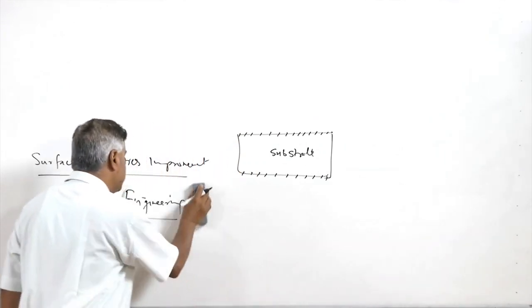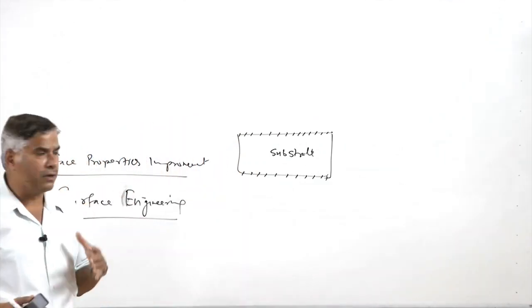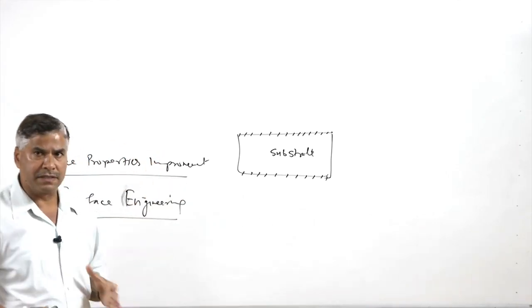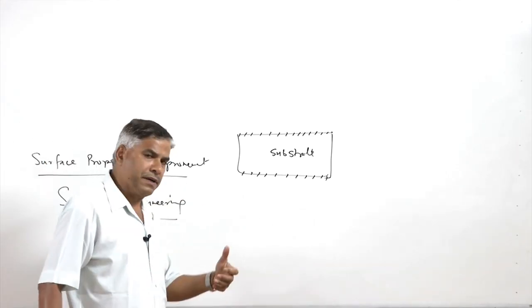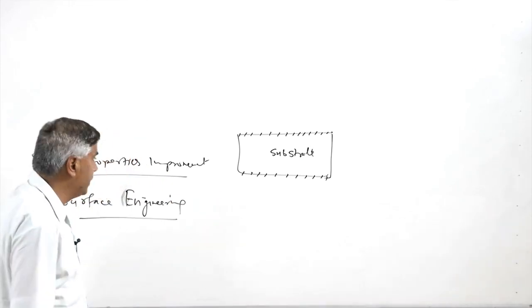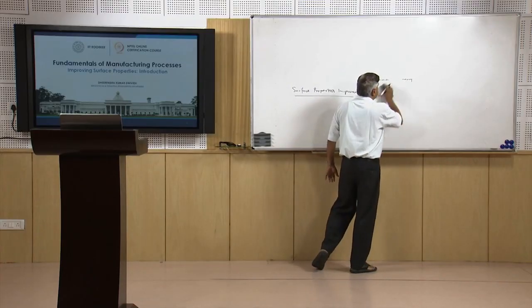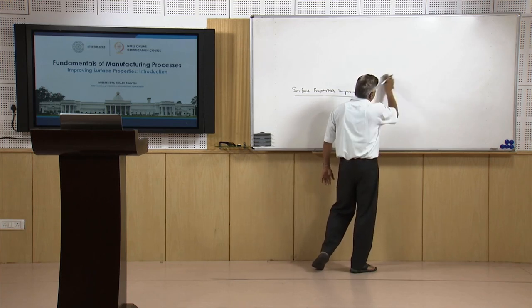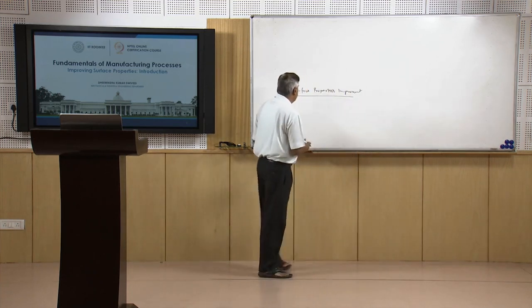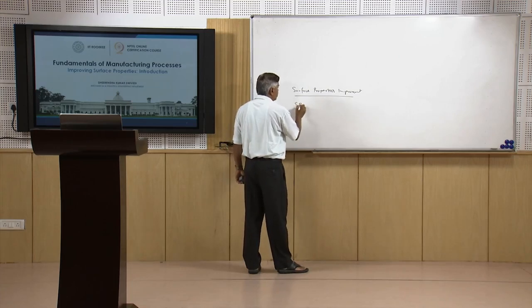So in surface engineering, the focus is on improving the surface characteristics, so that the functionality, the properties of the surfaces and the life of the component can be improved. There are various properties which are important, and various purposes achieved through surface modification or surface engineering.